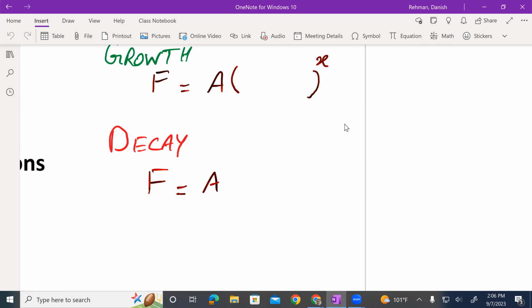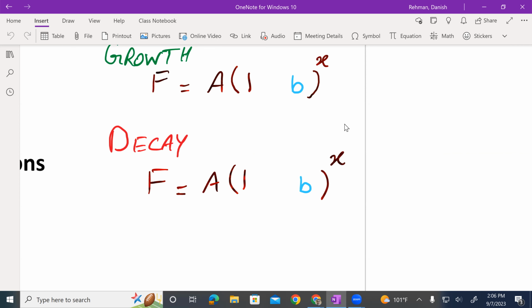Then after that, I will put something in the parentheses, and the exponent again is X. Do you think these two formulas are different from each other? So far, same. I will mention 1 and 1 in both cases. Even now, it's not different. I will mention a B and a B here for both cases, the decay and the growth.